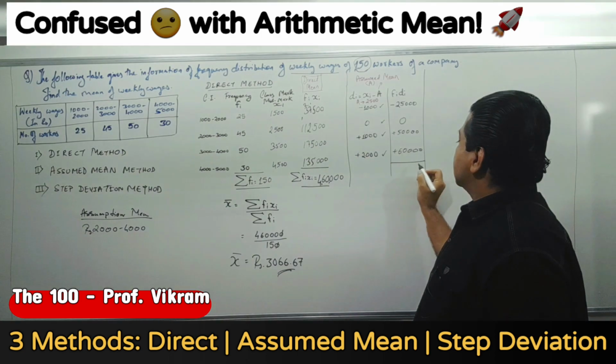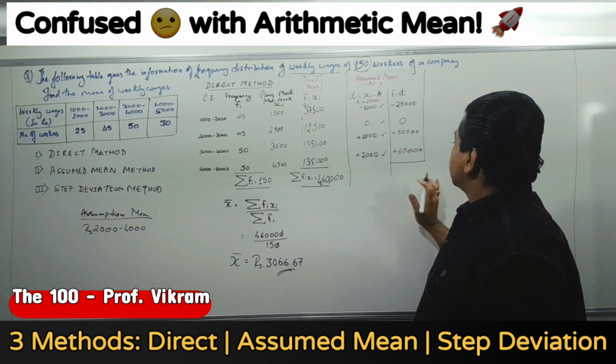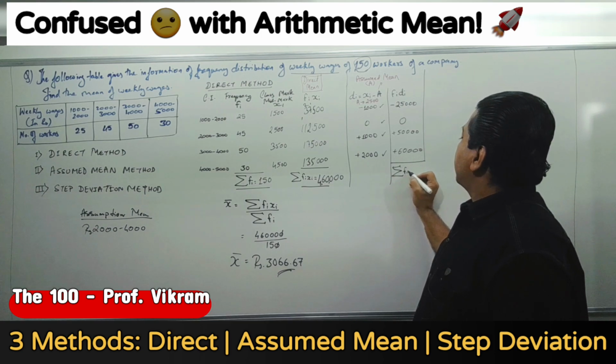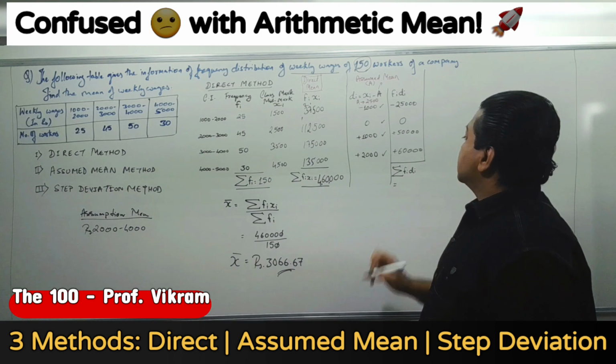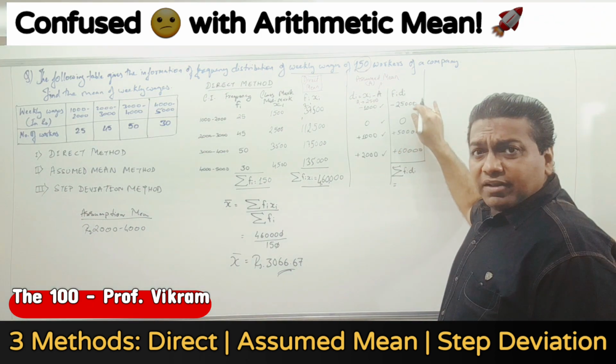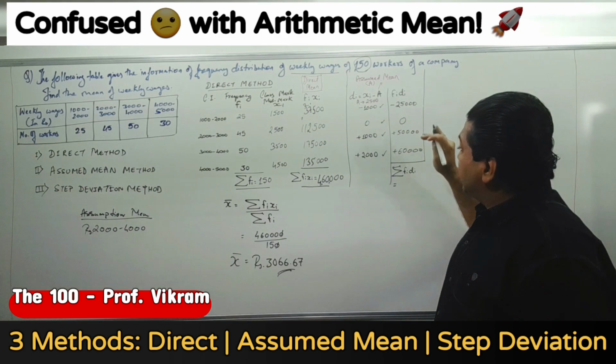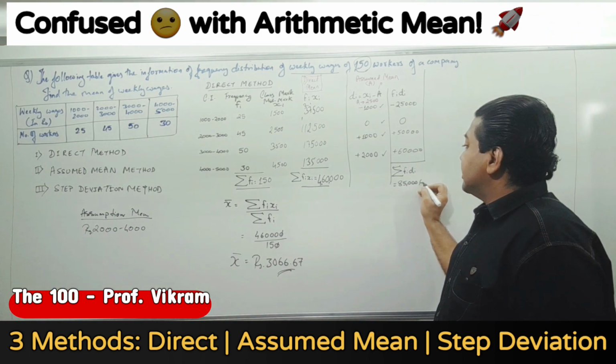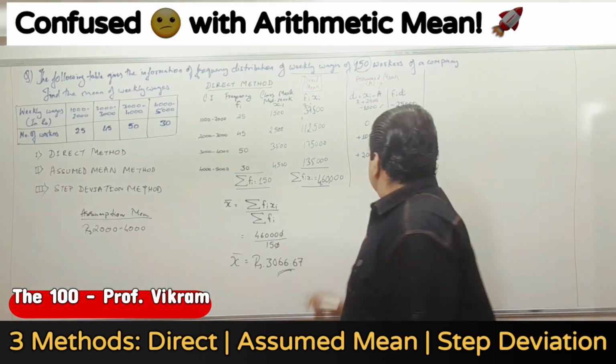Correct? And after this, I am going to find out the summation of fidi. What is the value? 50 minus 25 is 25,000. 25 plus 60 is 85,000, my summation of fidi.